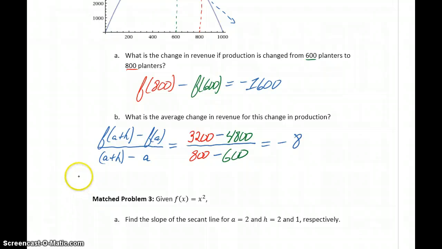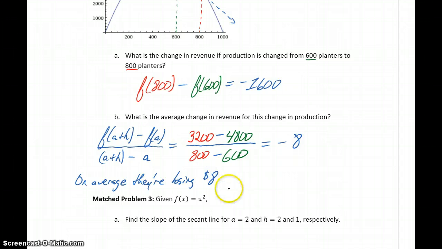So what this means in the context of the problem is that on average, they're losing $8 for every additional planter that they produce.